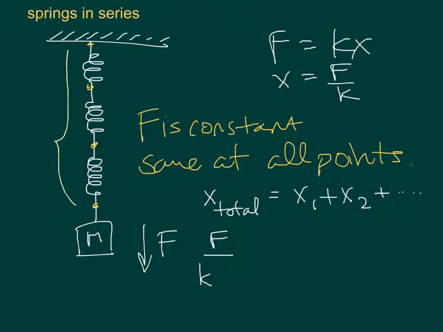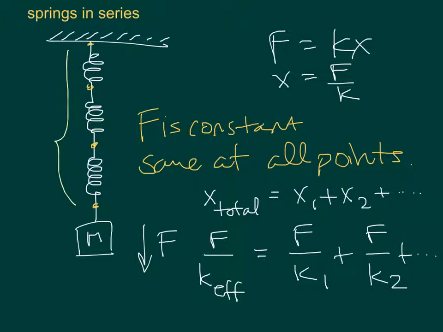Now, I had total up here, but I want to put effective down here. So I'll put EFF, and that means effective, equals F over k1 plus F over k2. Oops, I left off my one. Plus whatever else we have for numbers of springs. Now, the key bit here is this F. This F remains the same everywhere, and that's the physicsy bit.